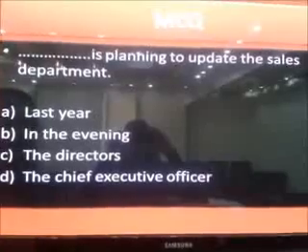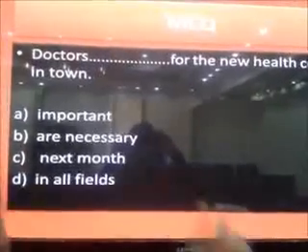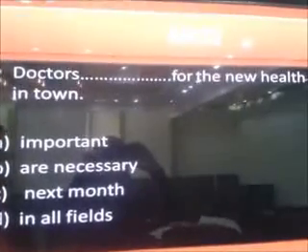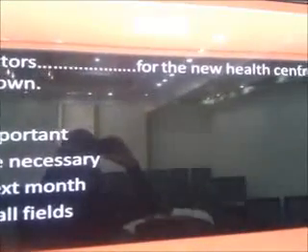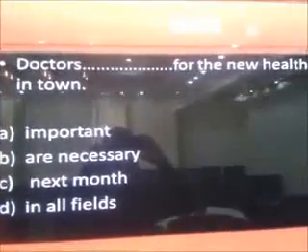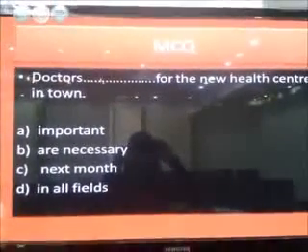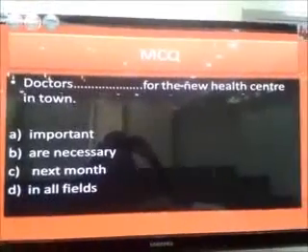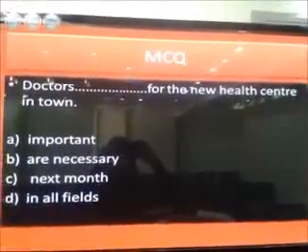Now let's move to another slide and have a look at this one. "Doctors for the new health centre in town." Now we need to focus one more time on what we need.